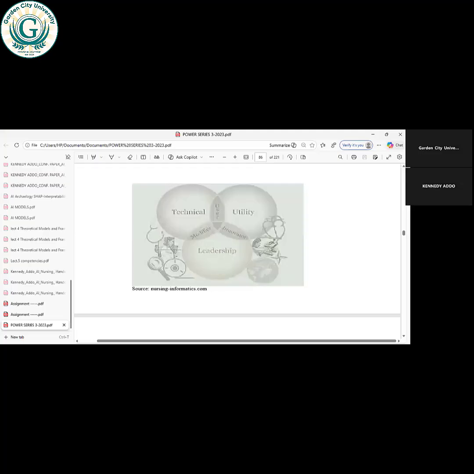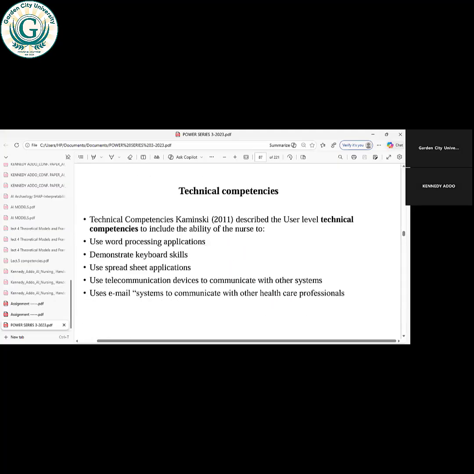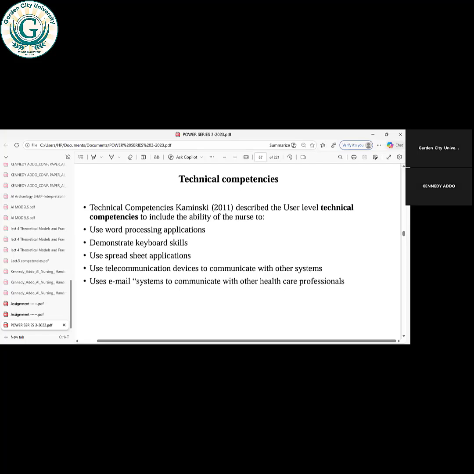So if you look at this Venn diagram, they are shaped by technical, utility, and then leadership. And then you see the intersection of beginner, modifier, who is described as intermediate, and that of advanced or innovator. So the first one is a beginner who possesses technical competencies.